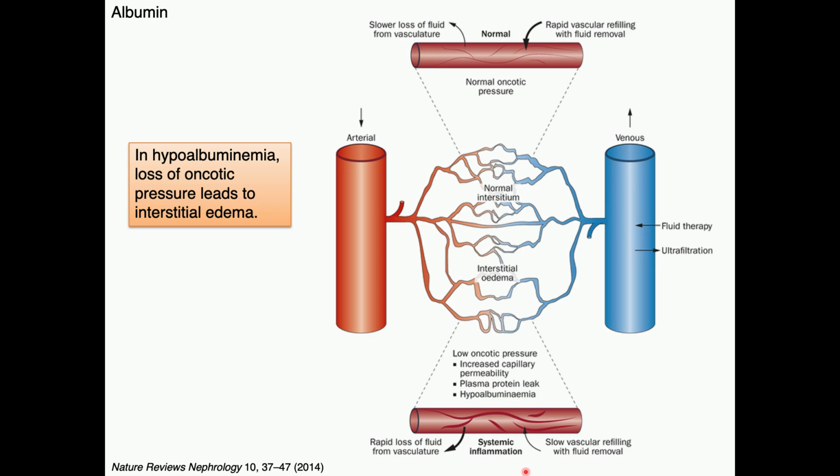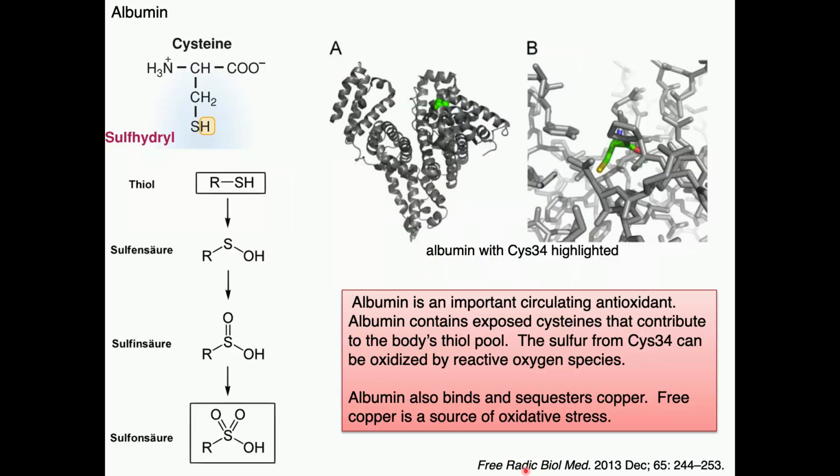Okay, so what's the final function of albumin? Albumin has a role as an antioxidant. It has a free thiol group that is derived from a cysteine amino acid. Cysteine has that free sulfur atom, and it's shown here in the reduced form.